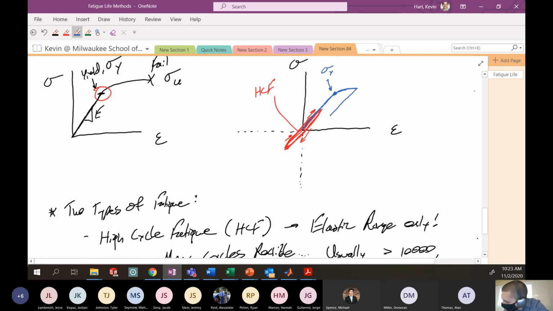Now I unload and I go back more or less the same amount in compression, and now I start to level off there in compression. And I come back around, and this sort of pattern develops, over and over and over. Okay, this is low cycle fatigue. And that's some plasticity getting introduced into your sample, because you're loading it beyond the yield stress, which is yikes town.